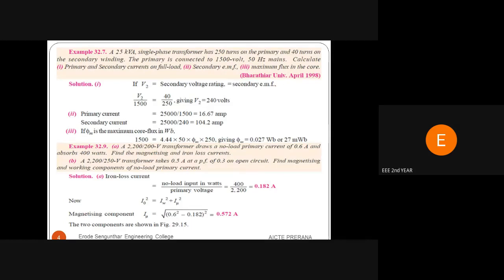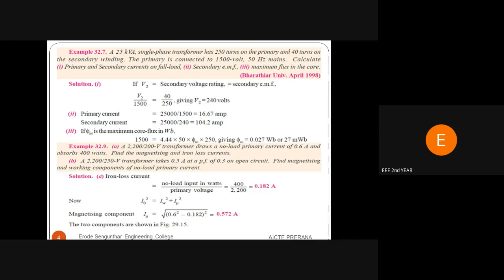Now the other current, I2. There are two formulas. Previously, we used N2 by N1 equal to K, and by means of the K value, I2 equal to I1 by K. That formula can be applied for determining the secondary current. In this case, we can also use V2 by V1 equal to N2 by N1. The unknown is V2, and we can easily calculate V2 equal to 240 volts.